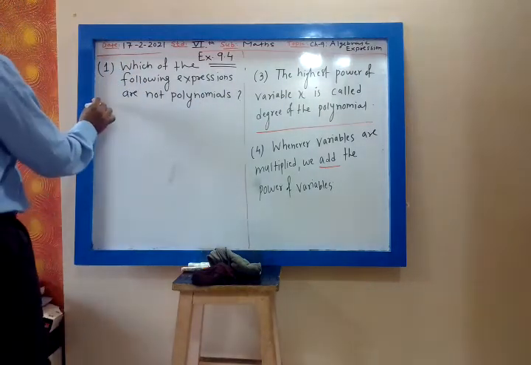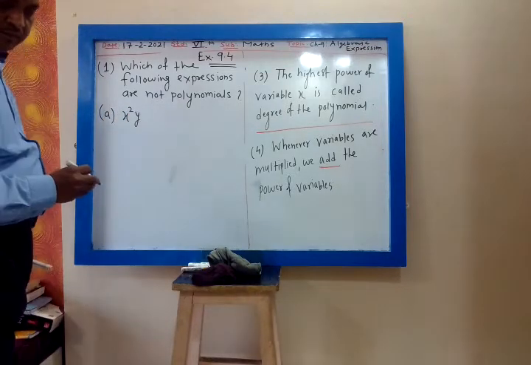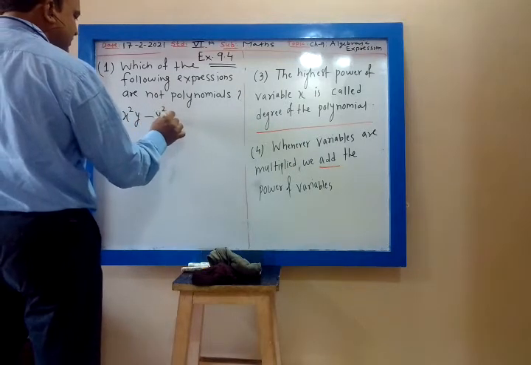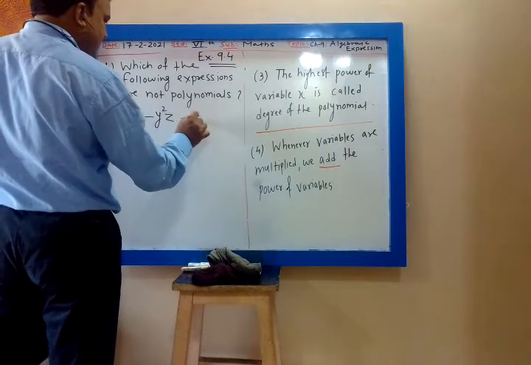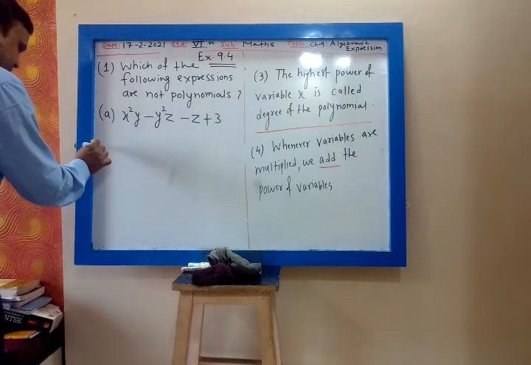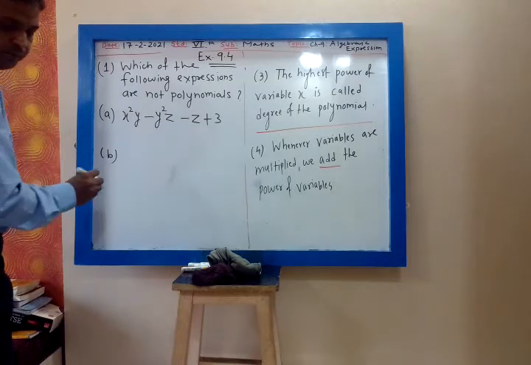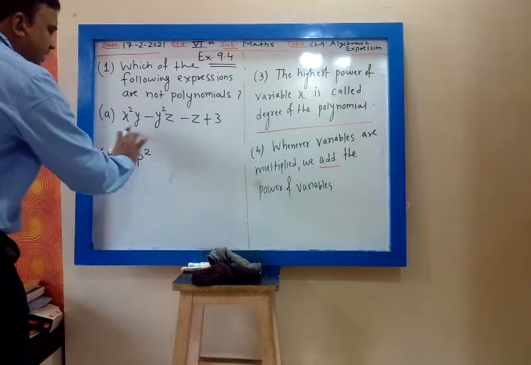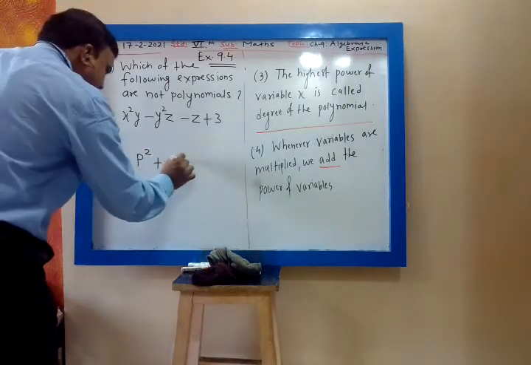A, x square y minus y square z plus minus z plus 3. Then B, p square plus p. You leave one line for the answer. First I am writing all the questions.